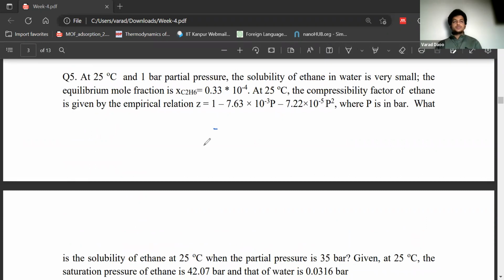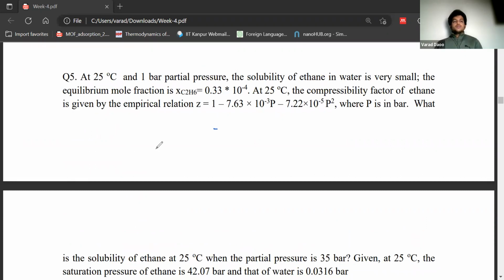This is the next question. What we are given is at 25 degrees centigrade and 1 bar of partial pressure. Remember, it's a partial pressure. The solubility of ethane in water is very small. The equilibrium mole fraction of ethane is 0.0033.